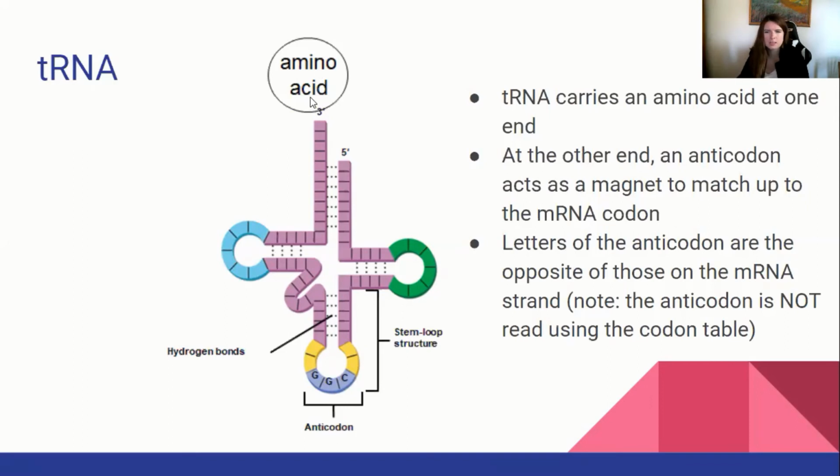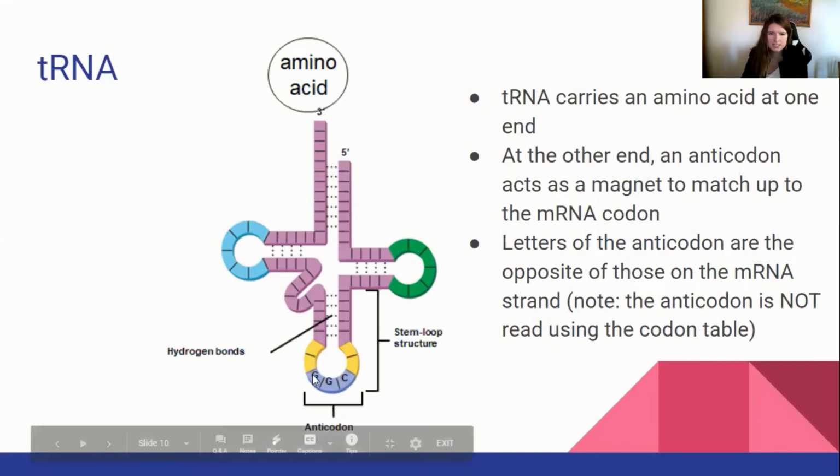The amino acid isn't part of the tRNA, but it binds onto this area where the RNA is folded around on itself. There's a little area where the RNA is single-stranded, leaving a gap for the amino acid to bind to. So here our amino acid is binding on at one end of the tRNA.